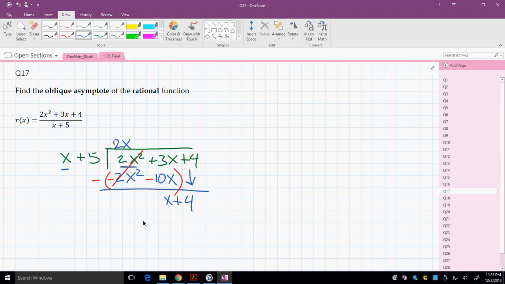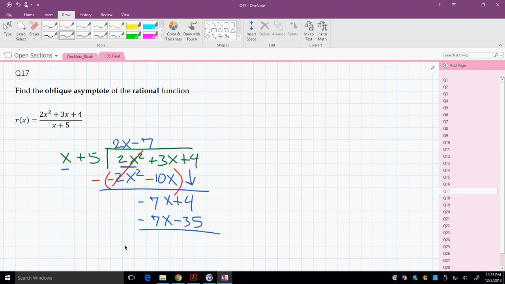As we have different signs, we subtract, give the sign of the largest numbers. 10 minus 3 is going to give me a negative 7. Now to cancel the first term, we will need to multiply by a negative 7. So negative 7 times x is going to give me a negative 7x. And then I multiply by the second term, negative and a positive is going to give me a negative. 7 times 5 is going to give me 35.